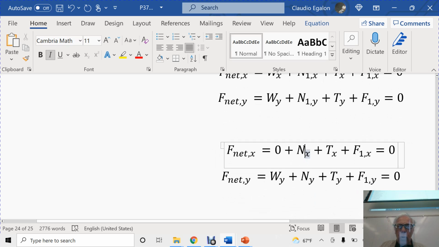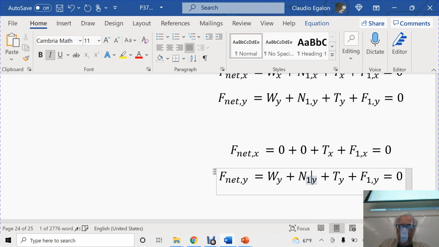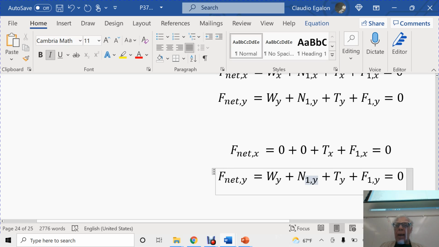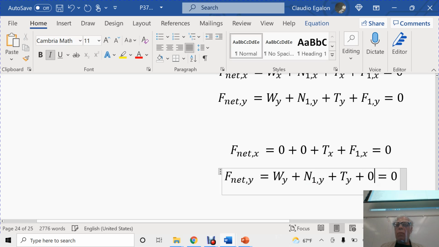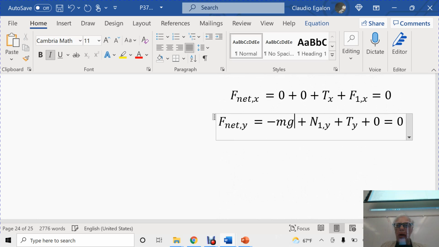There is no x component for this N1, I can put 0. But we do have a y component for N1. F1 has no y component, so we can make it 0. So that's the type of equation that we have to solve. And here, don't forget, we can put minus mg.